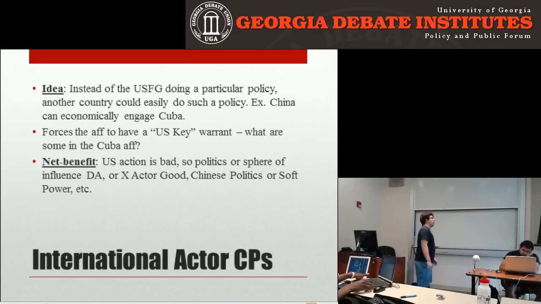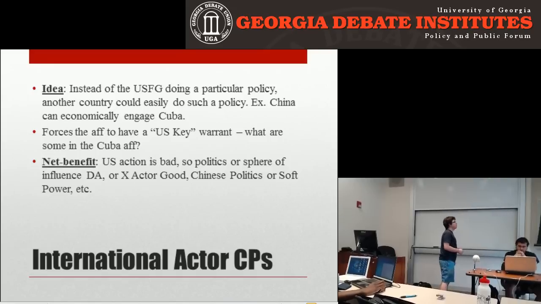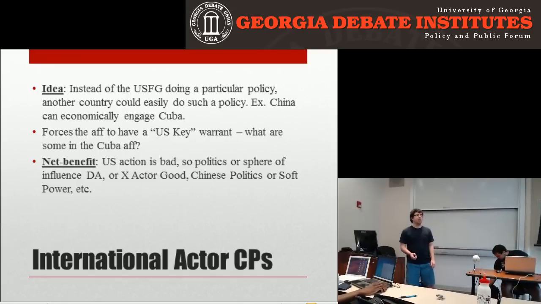And so this is especially popular on foreign assistance topics like this year's, because a lot of affirmatives on this year's topic will read advantages about why economic engagement to a particular country is a good idea, right?